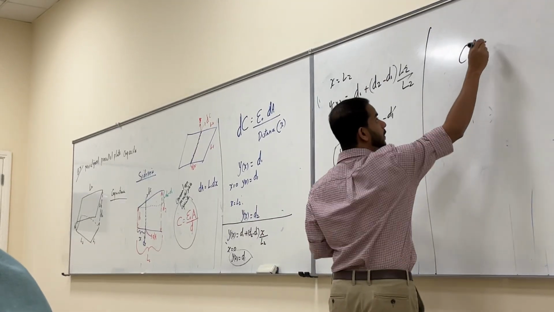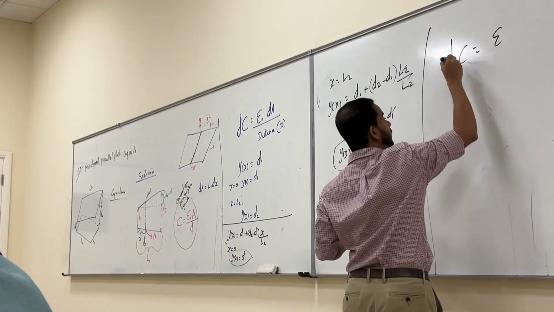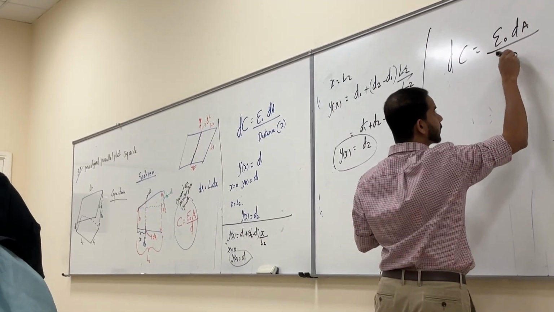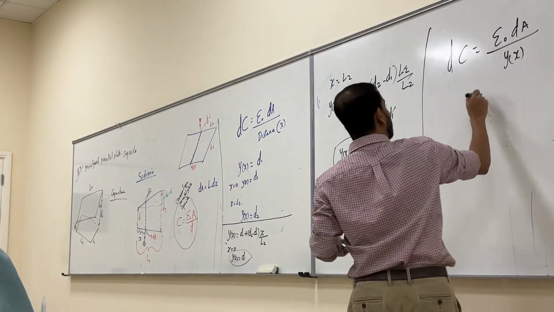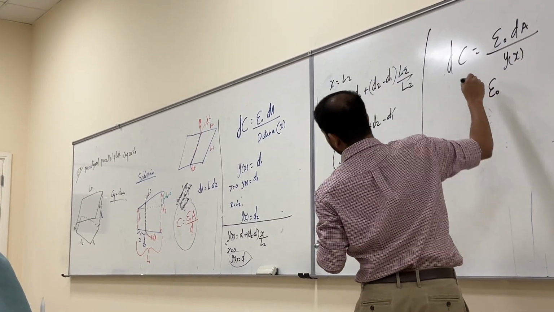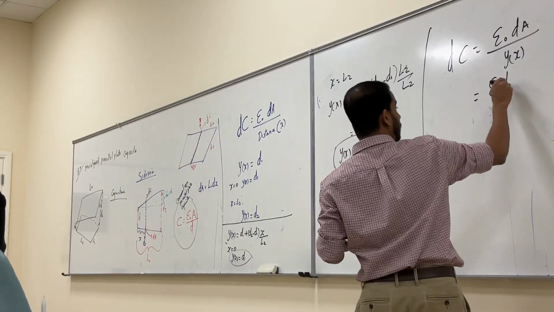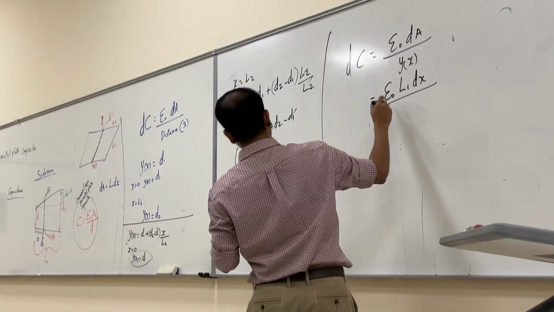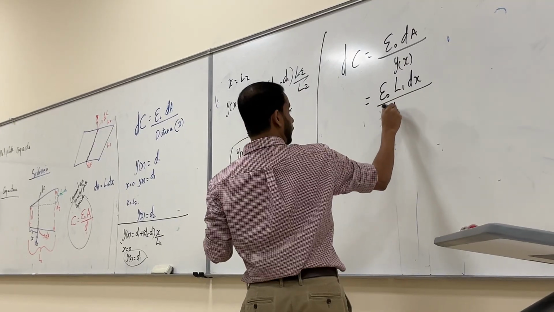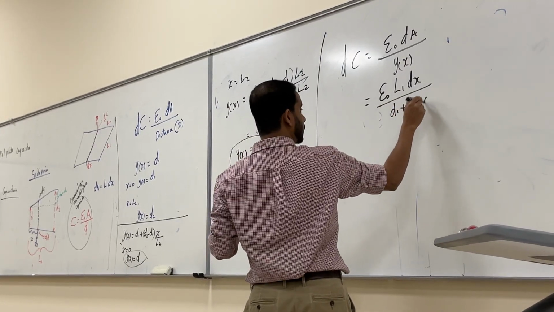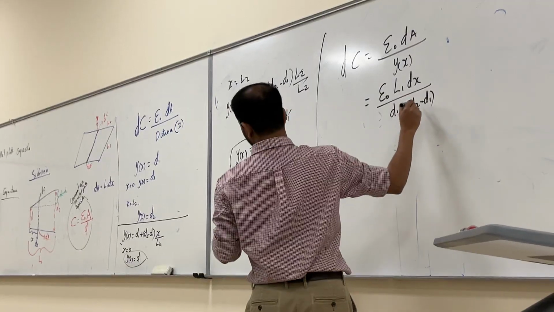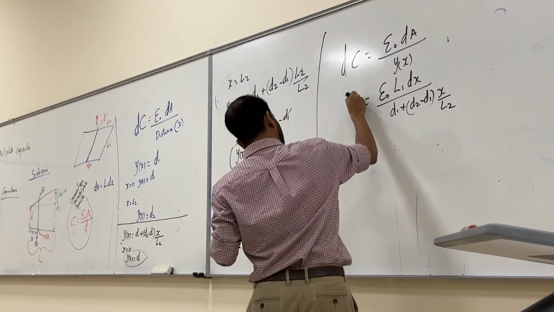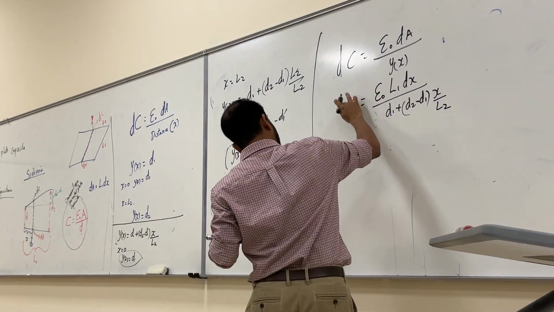Now we have the capacitance, the small capacitance, epsilon 0 dA over y of x, which is the distance as a function of x. So this will be epsilon 0, and what was our dA? L1 dx. L1 dx over, what is our y of x? d1 plus d2 minus d1 x by L2. This is my dC, the small capacitor, right?